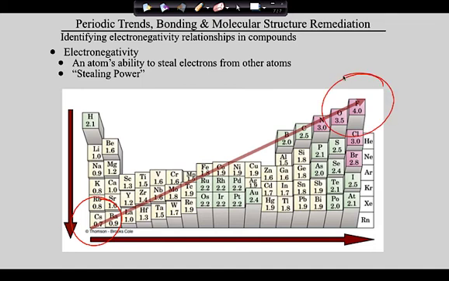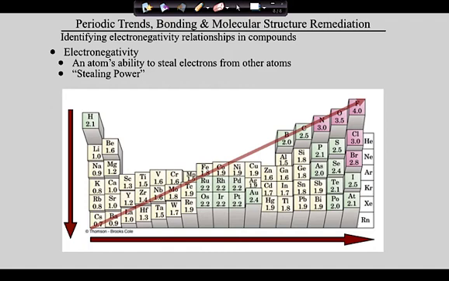Now, what you need to be able to do is identify the stronger element in a compound. You can do this by remembering the trends that it goes from bottom left to top right, as we've said, from weaker to stronger. However, there's a more surefire way to figure out which element in a compound is stronger.